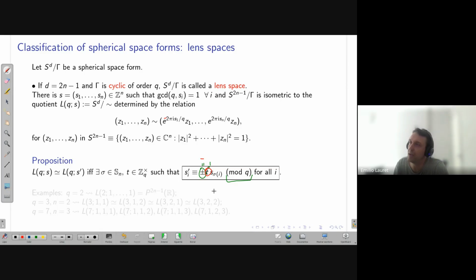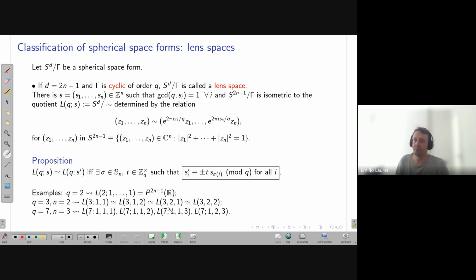And changing the number t, which is coprime to q, is like changing the generator. So the quotient is the same, directly the same. So the point is that in these three ways you obtain an isometry. The main point of the proposition is that these three ways are the only ways to produce isometric lens spaces.